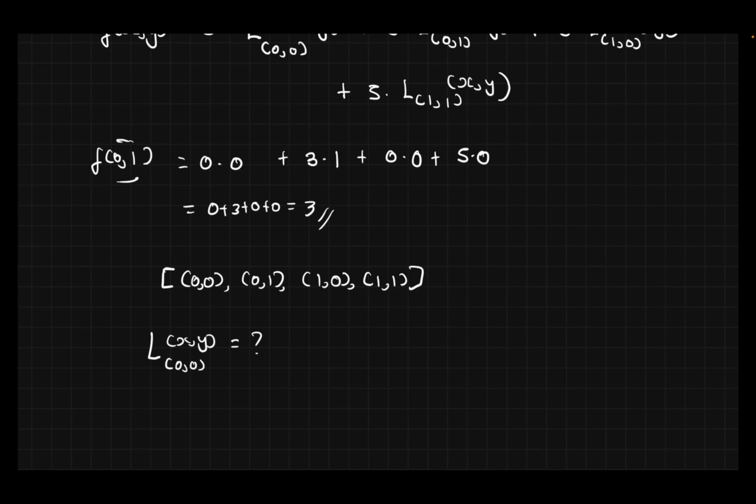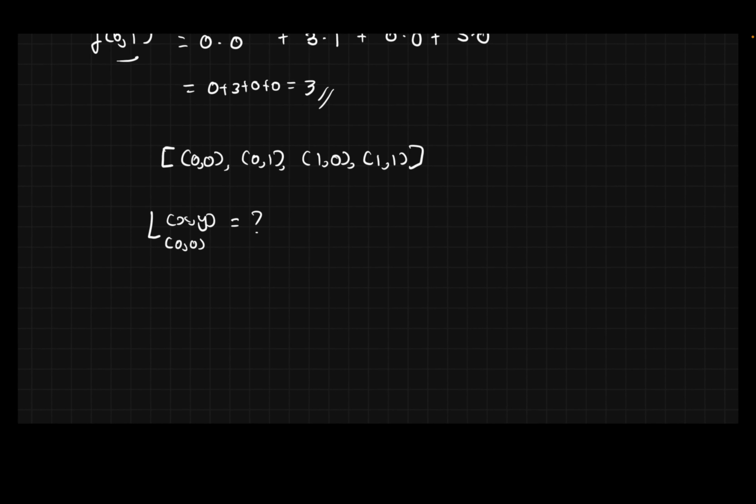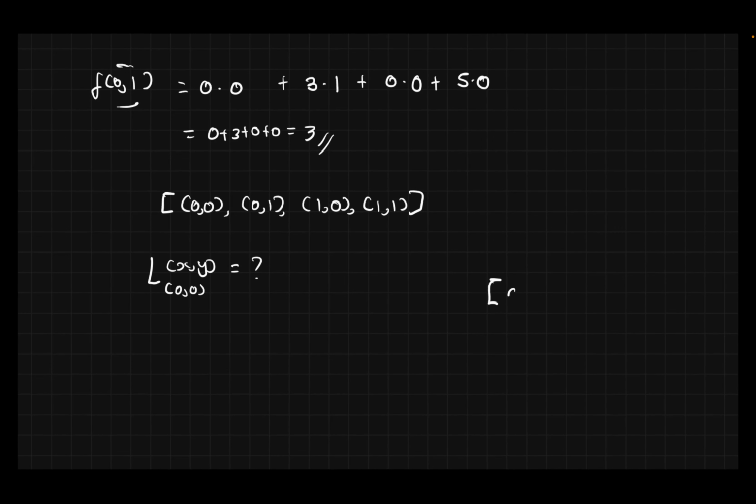How would this work? The first thing is, let's simplify the problem a bit. Rather than 2 variables, let's imagine it was 1 variable. So let's say the interpolating set is just 0, 1.